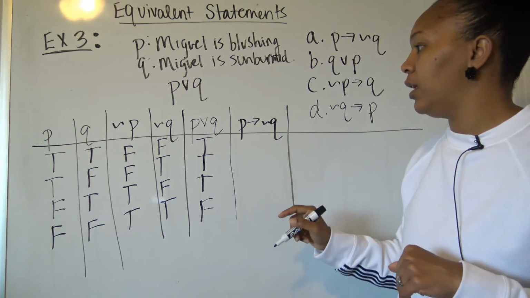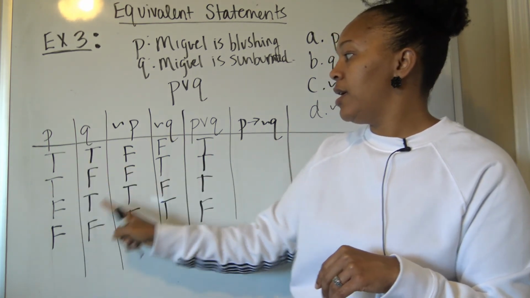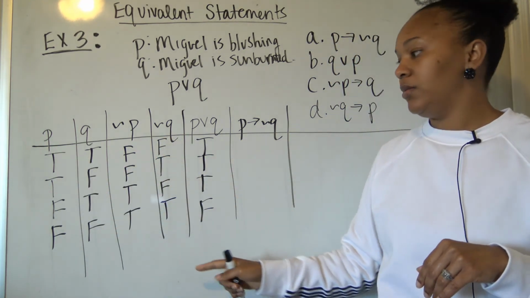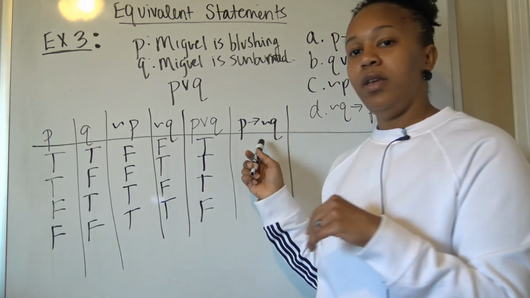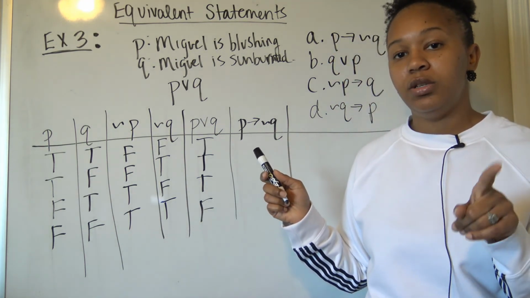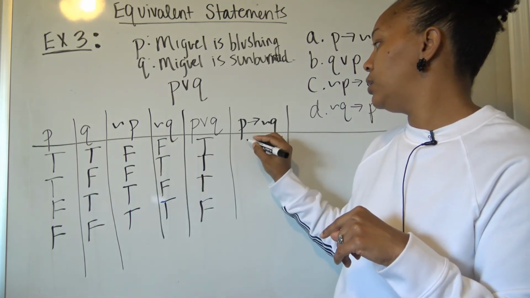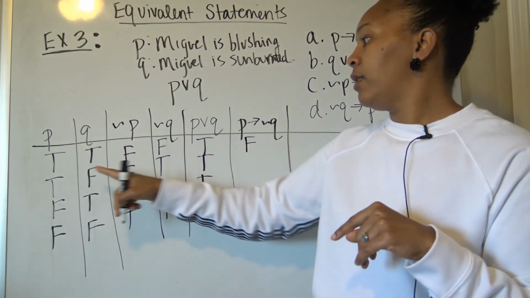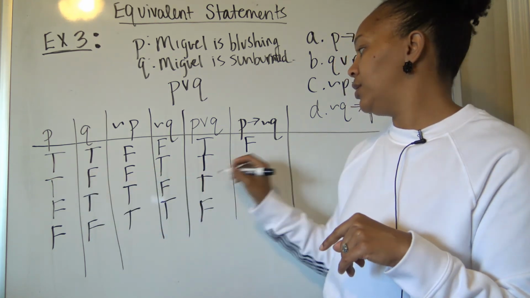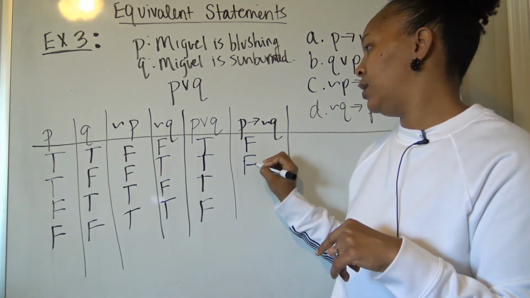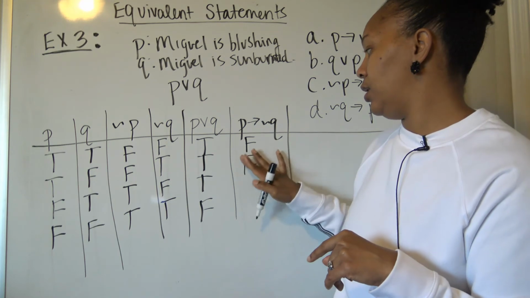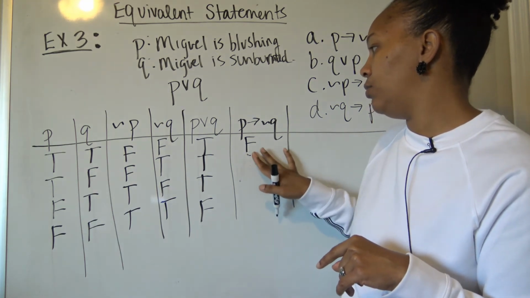So that means I'm looking at the P column first and the not Q column second. Remember, the if-then is false when the first statement is true and the second one is false. So it will be false in this first case. It would be false in this second case. No, not the second case. Sorry, I was looking at the wrong two.